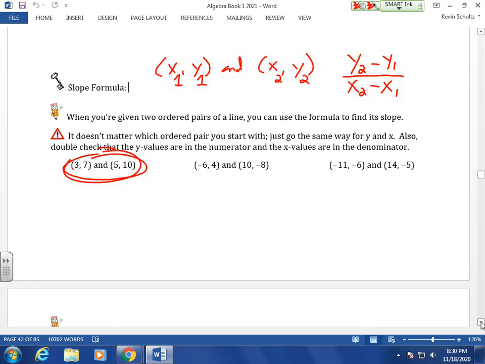The word change is kind of associated with subtraction, right? So we're looking for the difference in the y values and the difference in the x values. This is going to give you the slope of a line when you have two ordered pairs. Your second y minus your first y, your second x minus your first x.